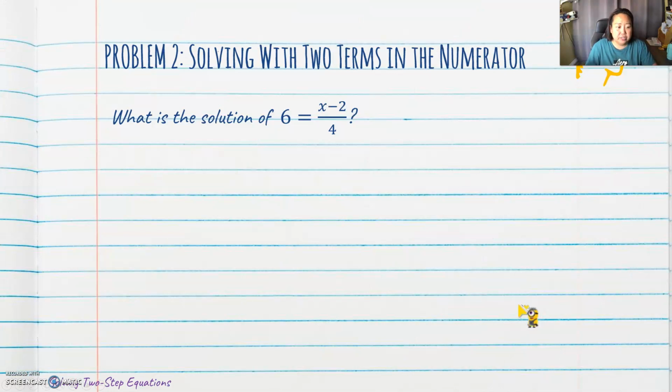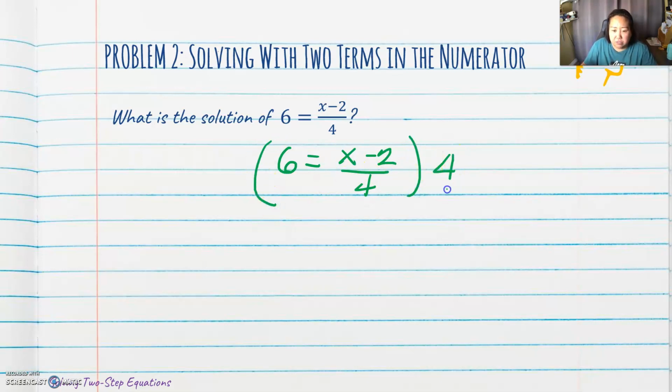So let's have this next example. Again, you have to check. Our numerator is composed of 2 terms, and our denominator is just the number 4. So instead of adding 2 first, we will work with the division by 4 first. We have 6 is equal to x minus 2 divided by 4. The inverse of divided by 4 is times 4.